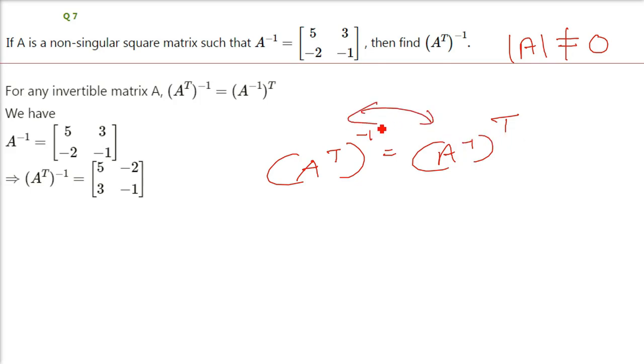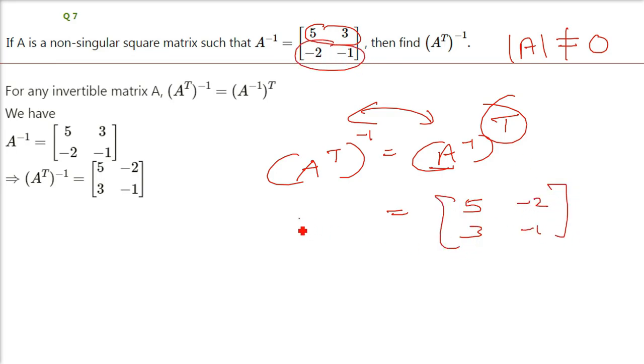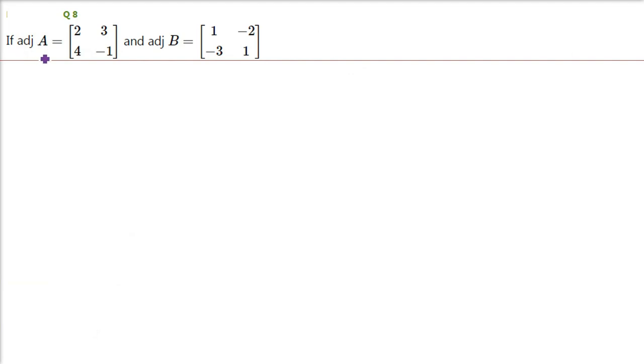So they both are the same thing, right? We already know that A inverse is given here, so we can just take this value and transpose it. So 5, 3, minus 2, minus 1. A transpose inverse is this answer.